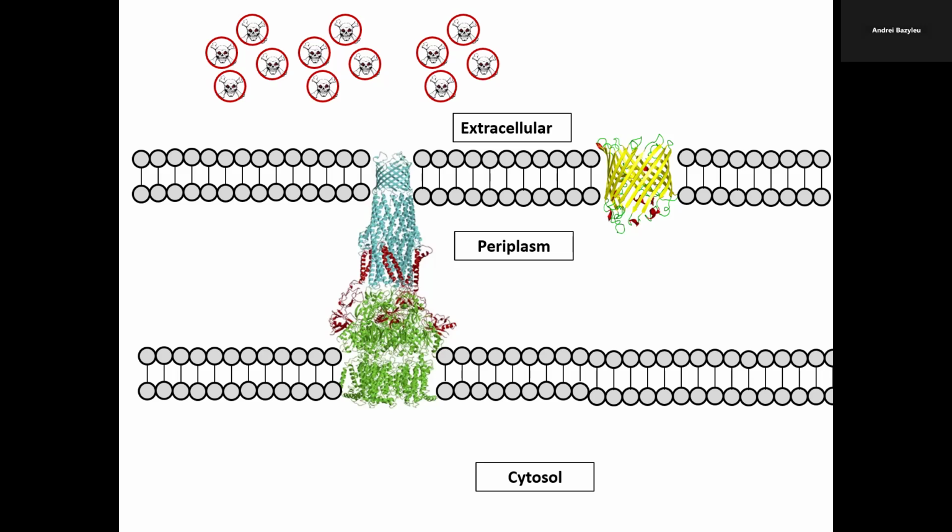So it is very uncommon to see that the pump can recognize something as small as a metal ion as well as something as bulky as an antibiotic, because a lot of antibiotics, and certain ones especially, are really big molecules, as we will talk about in the next few slides. So to answer that question, yes, this mechanism applies to, I don't want to say all of the chemicals out there, but to a lot of different chemicals.